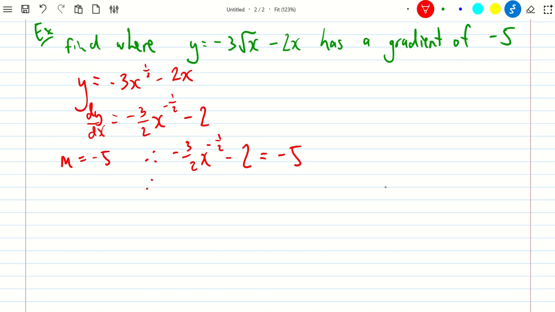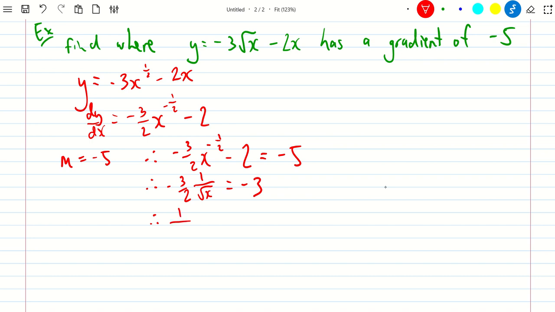Okay, so let's do just a bit of solving now. So this will be negative 3 over 2. I'm just going to rewrite that as 1 over square root of x. Okay, is equal to, I'm going to move that negative 2 to the other side, so I'm going to add 2 to that, so it'll be negative 3.